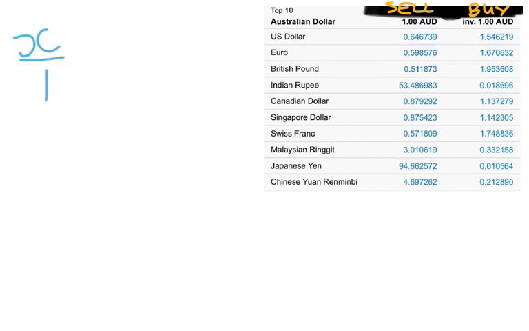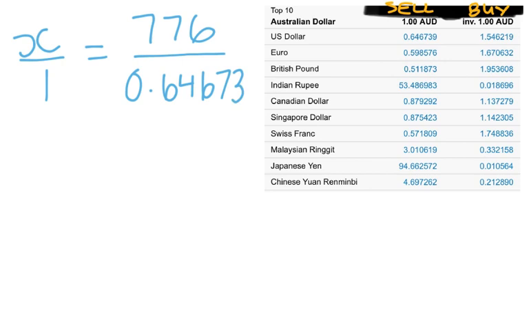So X over 1 equals 776 divided by 0.646739. And now you can see all I would be doing would be moving the 1 over to the other side. But if you multiply anything by 1, it gives you the same answer.